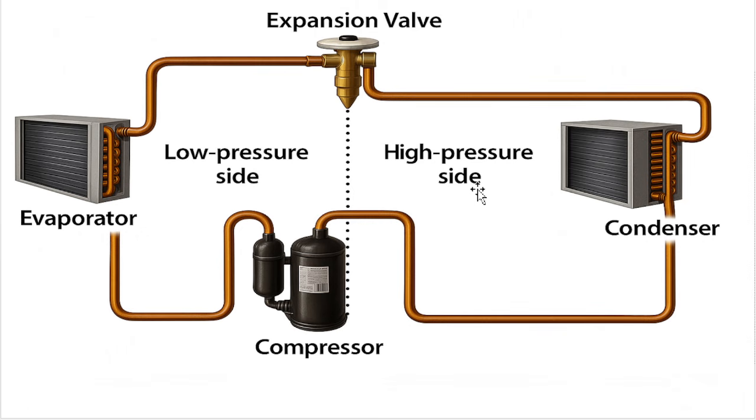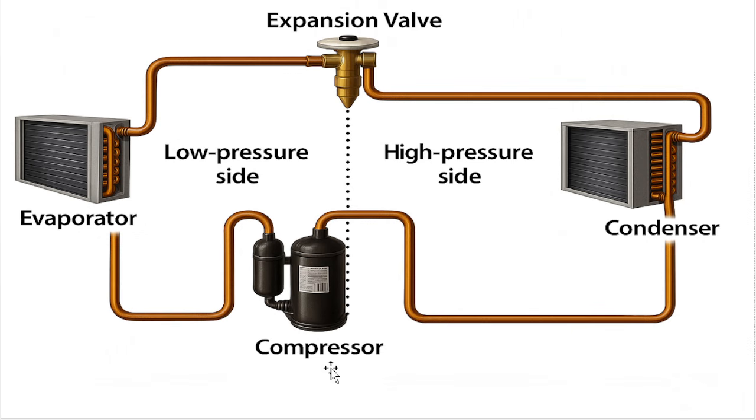Basically, the compressor and the expansion valve work together to maintain the pressure difference in the refrigeration cycle. On the right side of the compressor and the expansion valve, we have the high pressure side. And on the left side, we have the low pressure side. Why the high pressure side?